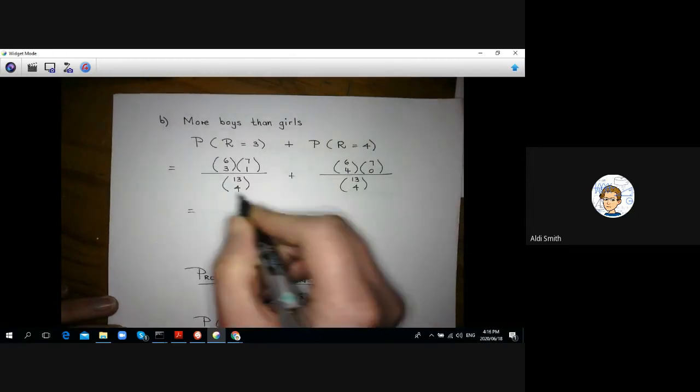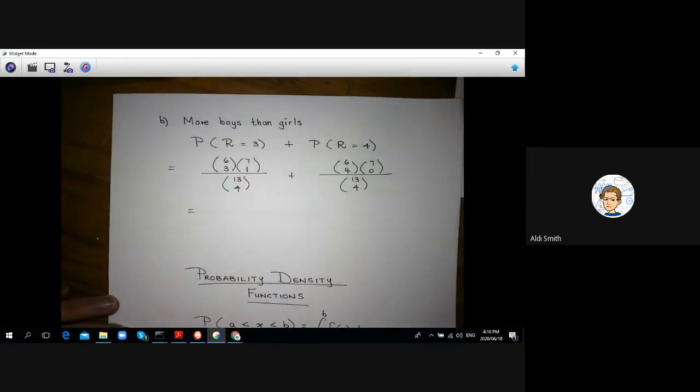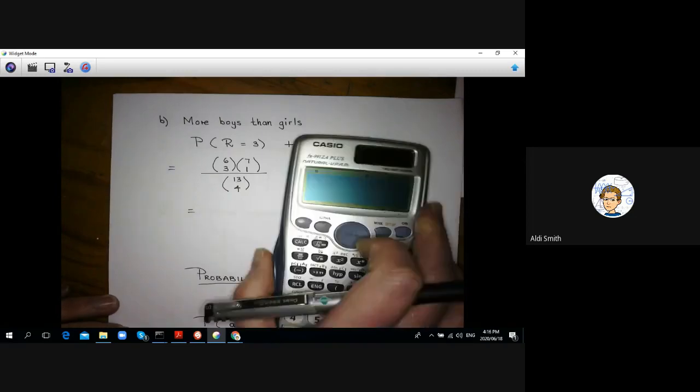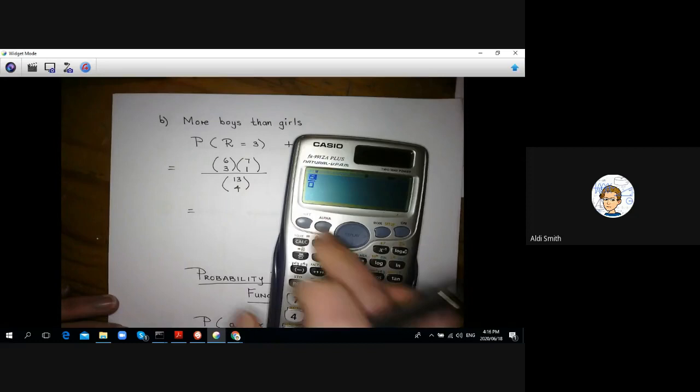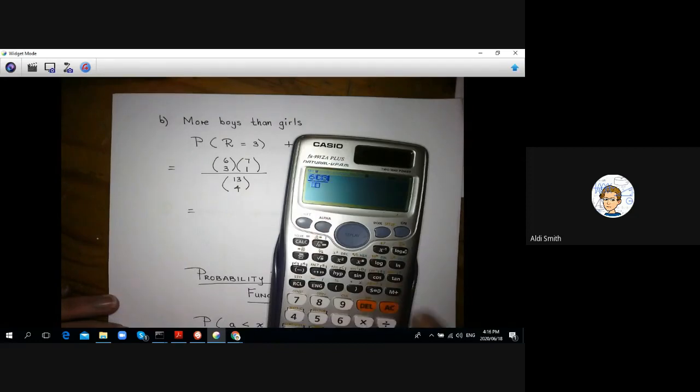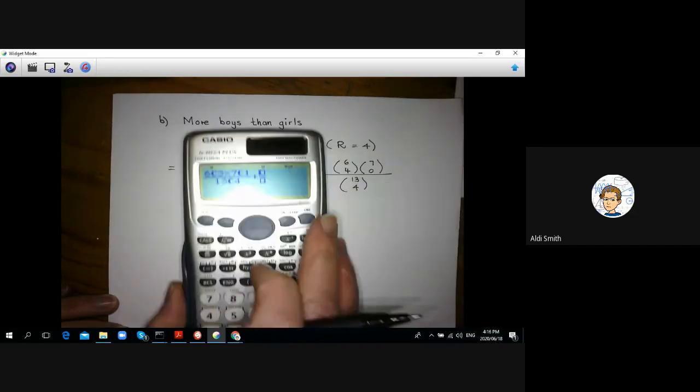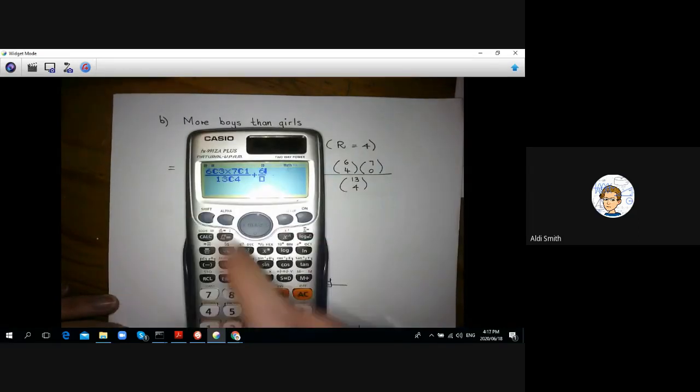So I can type that again into my calculator to work out the probability of having more boys than girls. So that's 6 combination 3 times 7 combination 1 divided by 13 combination 4 plus 6 combination 4 times 7 combination 0 over 13 combination 4.